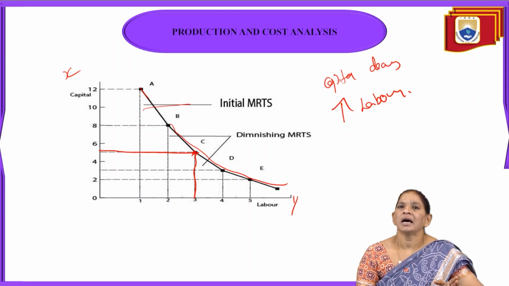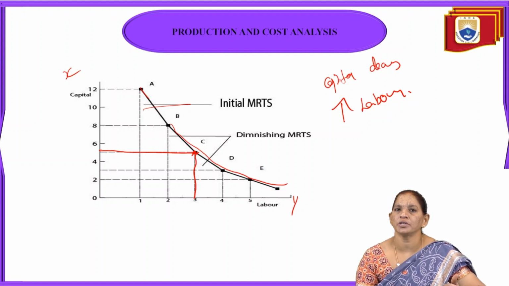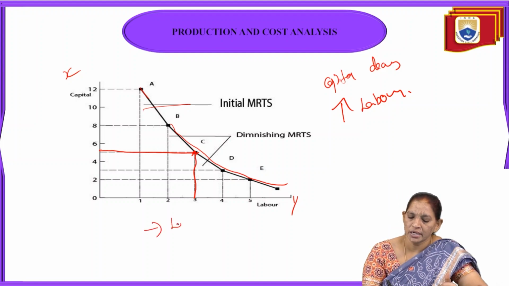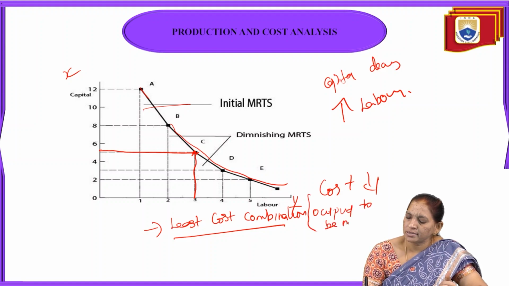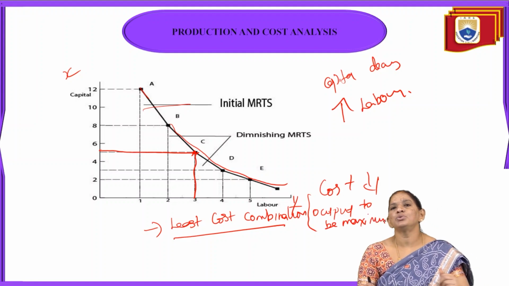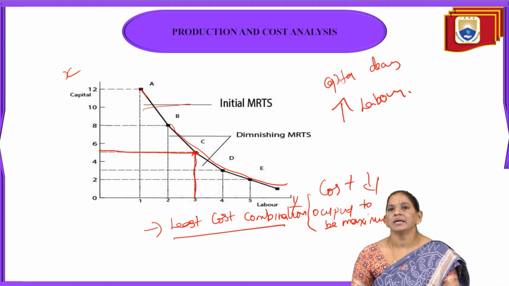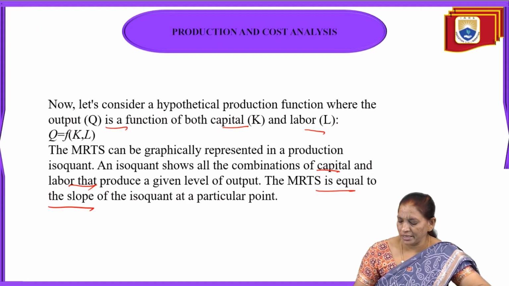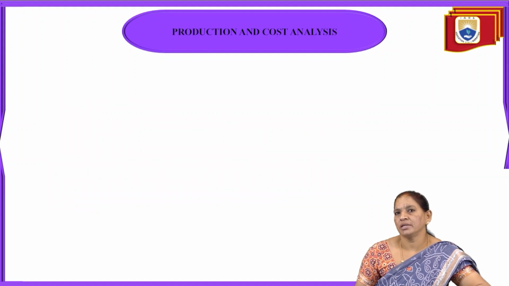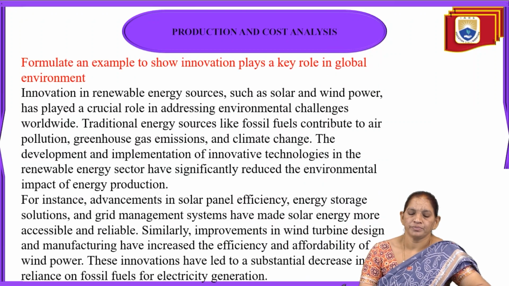Graphically it shows that the marginal rate of technical substitution helps production identify where the organization is able to get the least cost combination, where the cost is less and output is maximized. So, in this way we are able to identify the graphical representation of the marginal rate of technical substitution by considering labor and capital as two important factors.